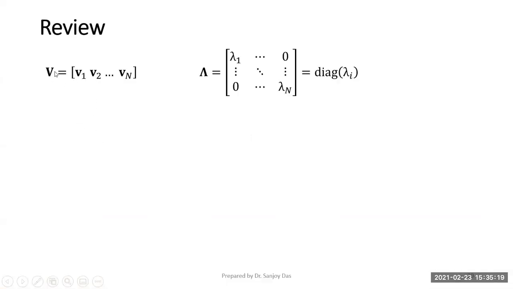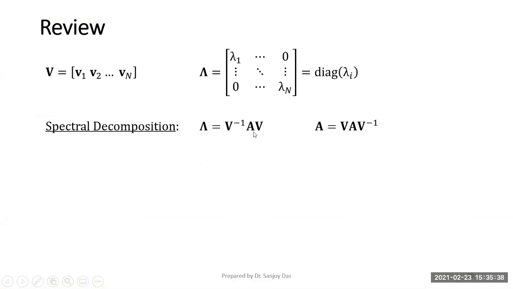So this is the matrix V in terms of the eigenvectors of the matrix A, and this is the diagonal matrix lambda, right? And this is what the spectral decomposition theorem says. Lambda equals V inverse AV, or A equals V lambda V inverse.